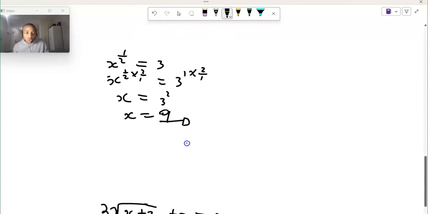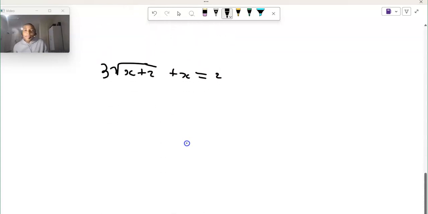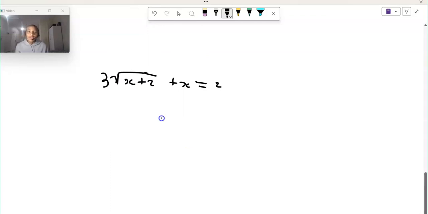Now we are going to look at the square roots, right? So here we have 3 root x plus 2, plus x is equal to 2. So that x which is not inside the root, we are going to take that x to the other side.